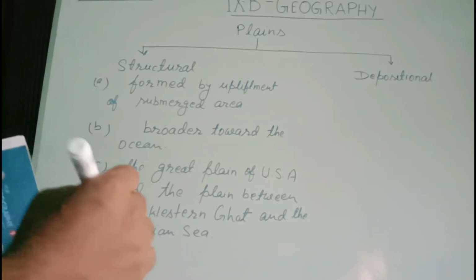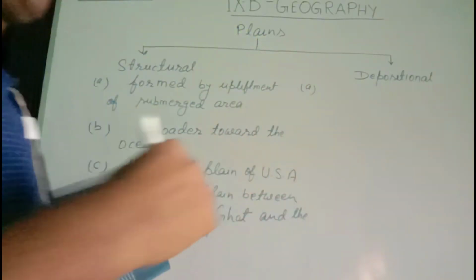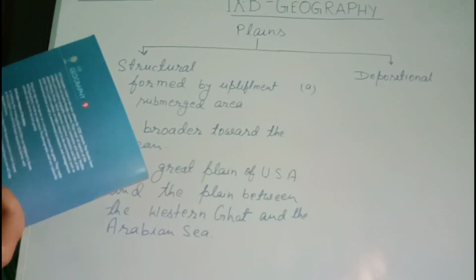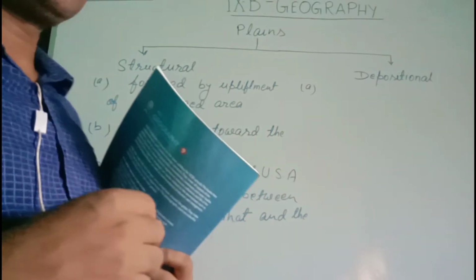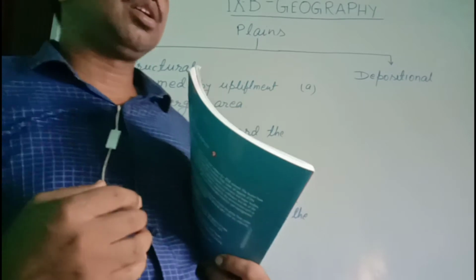Now we see the features of depositional plain. Number A, as the name is given, these plains are formed by the deposition of sediments. Those are brought by the several agents.